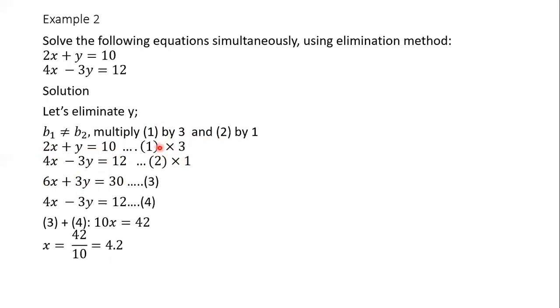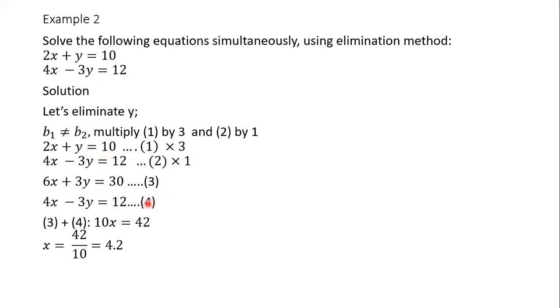I've multiplied equation 1 by the coefficient of y in equation 2. I'm also going to multiply equation 2 by the coefficient of y in equation 1, which is 1. Multiplying by 1, I get the same thing, so equation 2 will remain the same as we see it here. So when you multiply, the new equation here is equation 3, and here becomes equation 4.